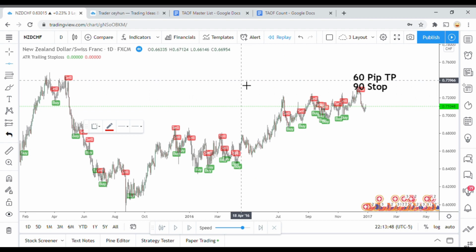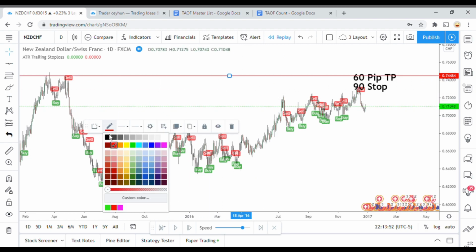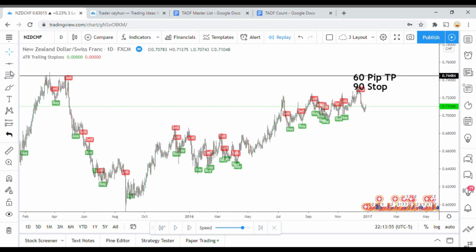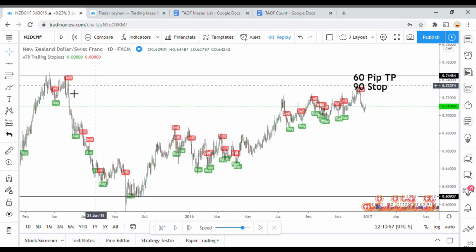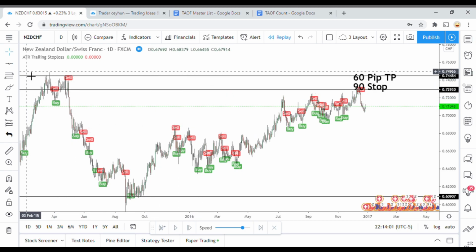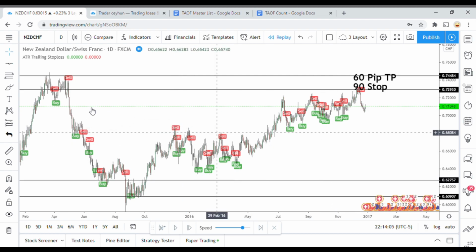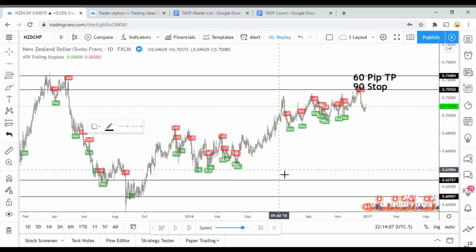Let's just real quickly go through and map out some support and resistance areas. Again, I'm going to do this super quick. I've done this in quite a few other videos before.